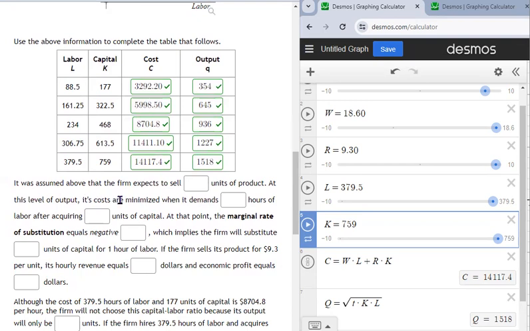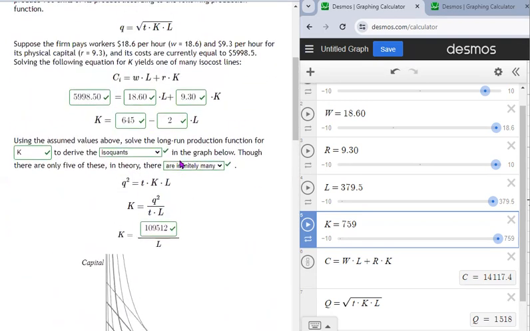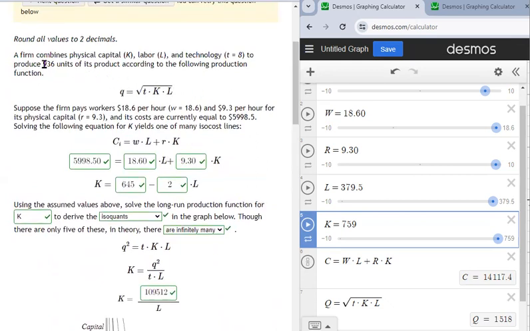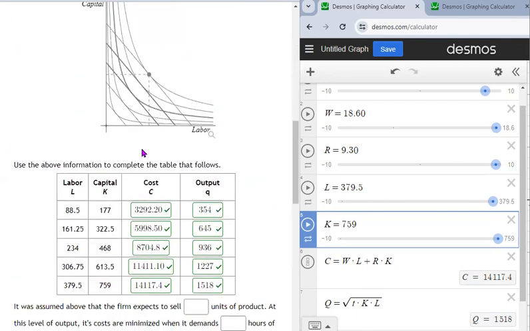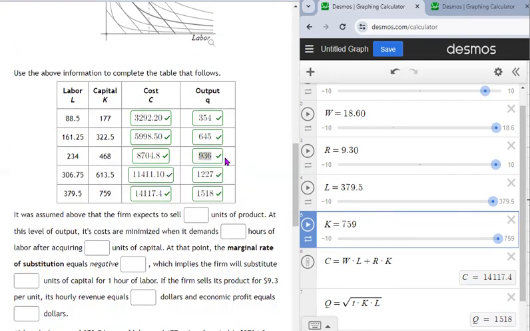Now, it was assumed above that the firm expects to sell how many units of product? It was given to us that the firm expects to sell 936 units. Now, that is in my table, it's the third row, right? It's the third row here.